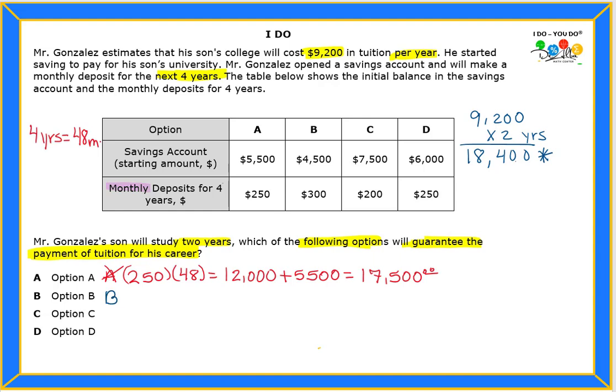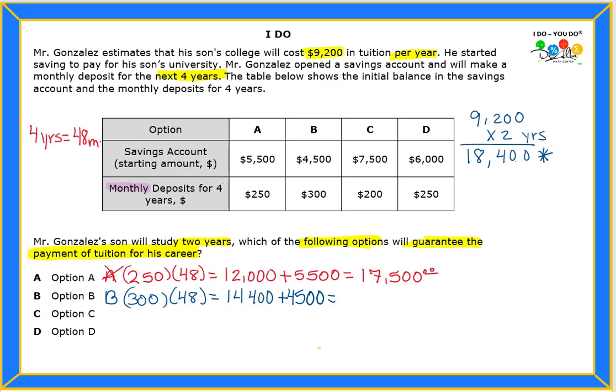Now in option B, the payments are $300 a month. It's a little bit more money, right? It's still by 48 months, right? So for that, we get 14,400. Is that right? We're still gonna add, oh, but this one is 4,500, okay?